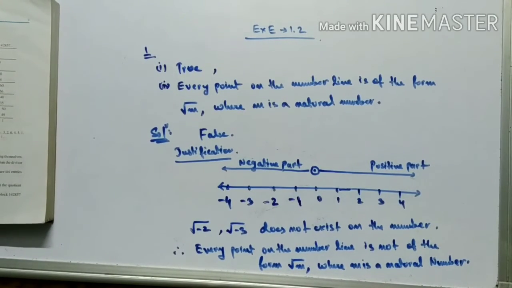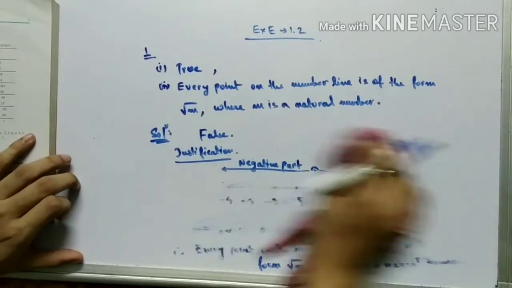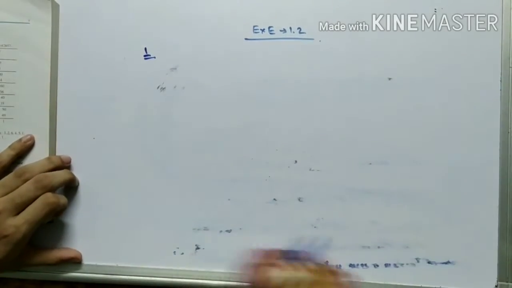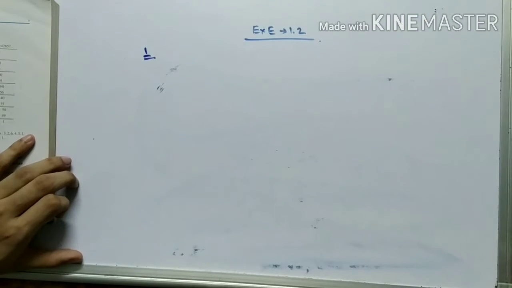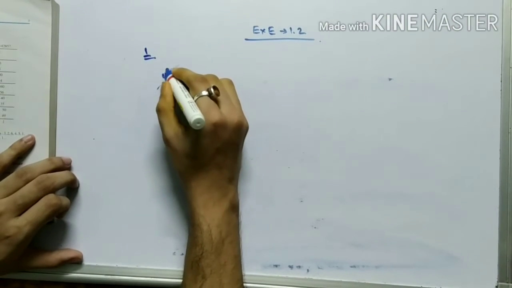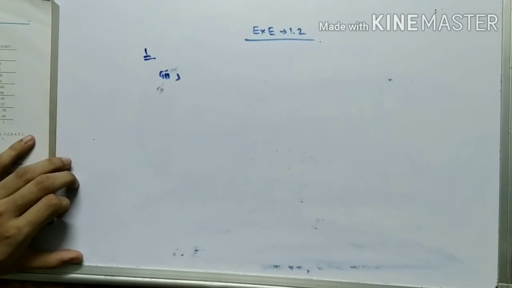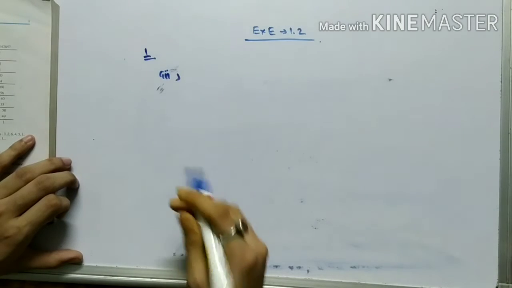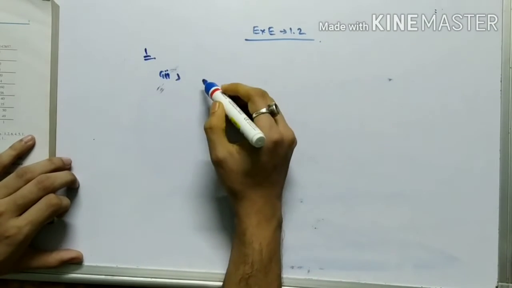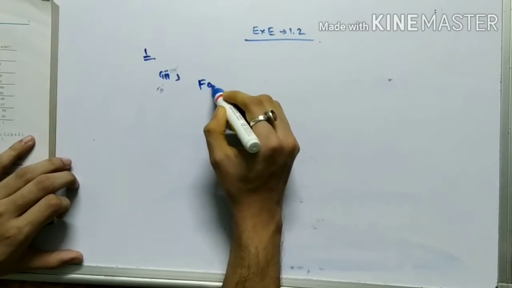Next it is type 1 number 3. Every real number is an irrational number. This will be our false.